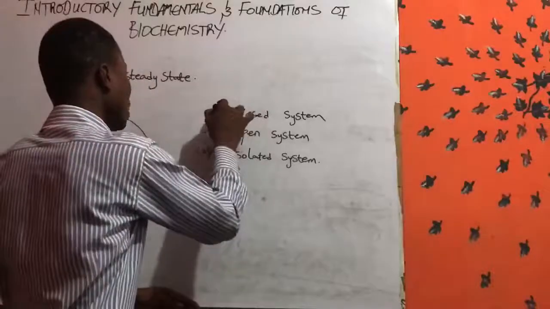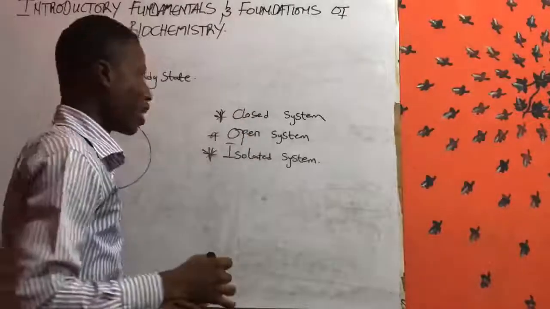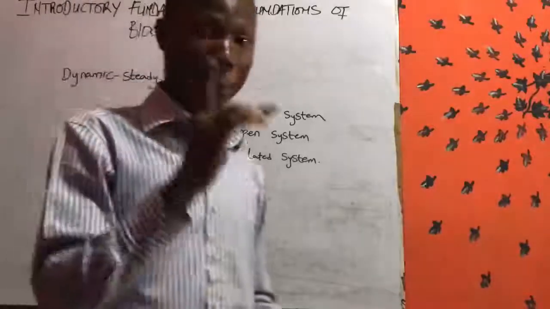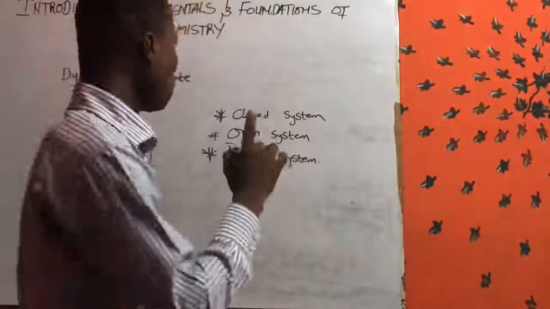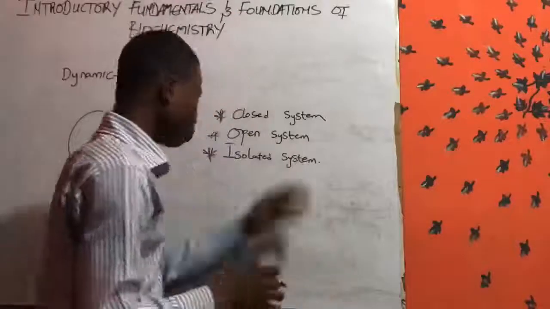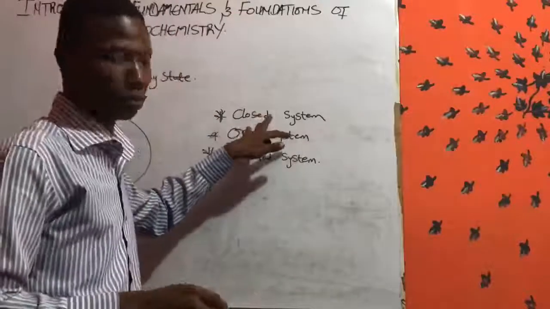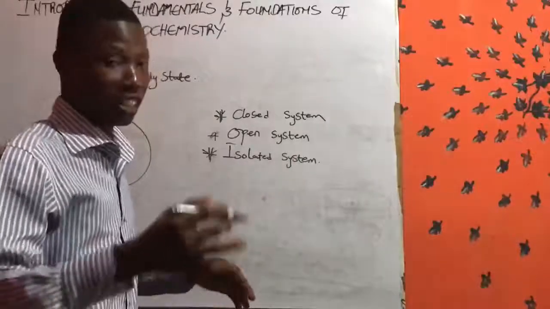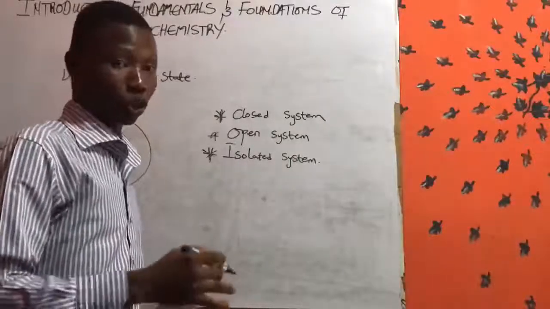Now, a closed system transfers energy but does not transfer matter. I'll go through that again. A closed system transfers energy to and fro its environment but does not transfer matter.